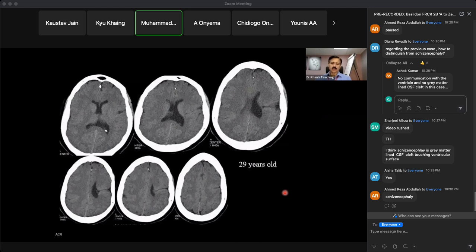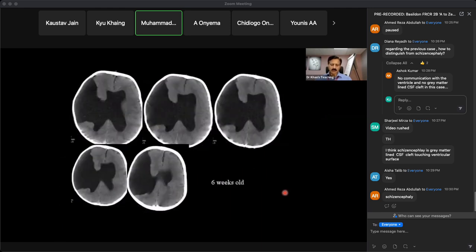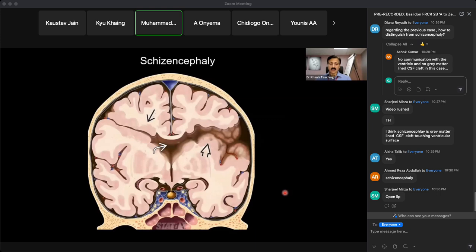Okay. So schizencephaly, whatever you want to call it, can be closed lip and open lip. Basic thing is that this is closed lip and this is open lip.